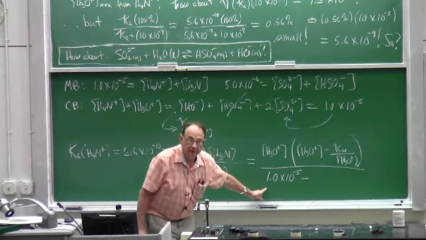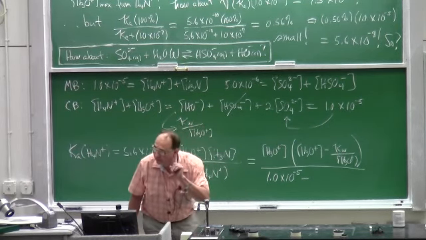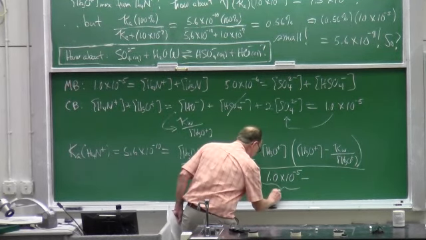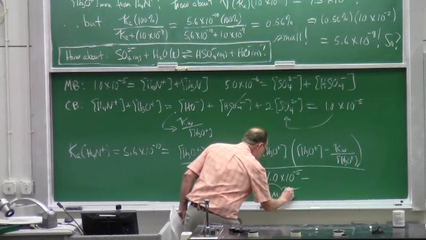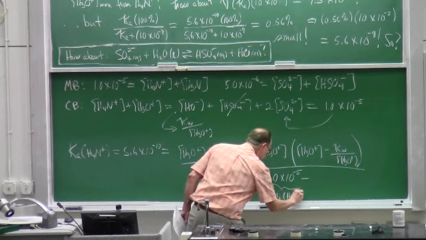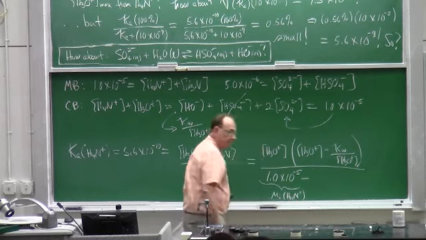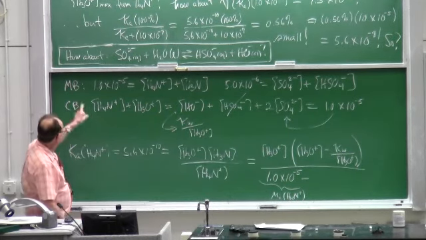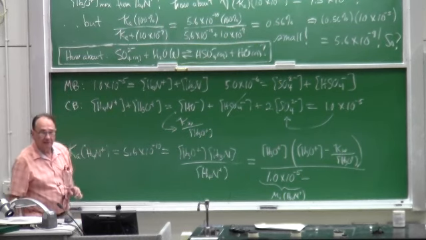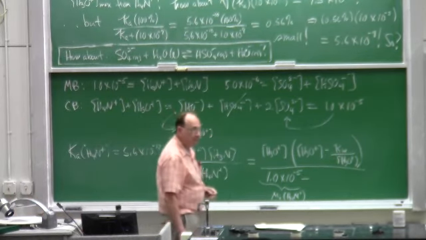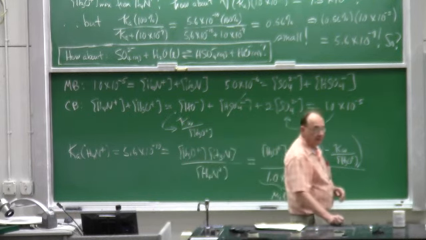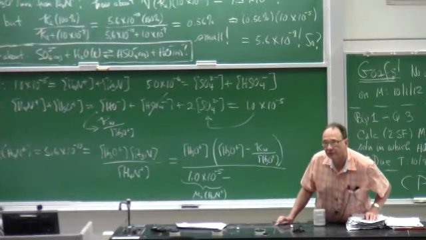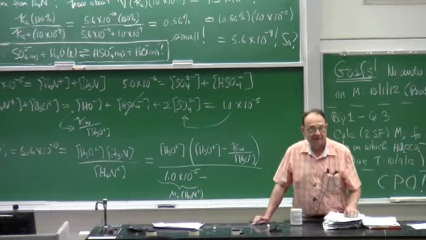What's this correspond to? M sub I ammonium ion. And the equilibrium molarity of ammonium ion, which if nothing else follows from our mass balance expression, is (1.0 times 10 to the minus 5) less the concentration of what? Ammonia.